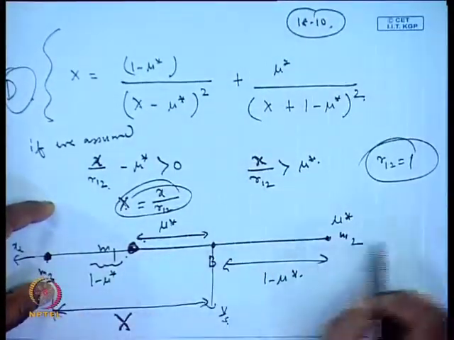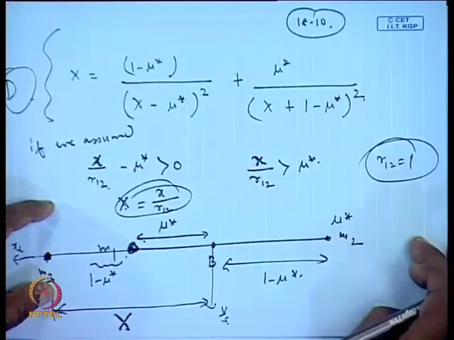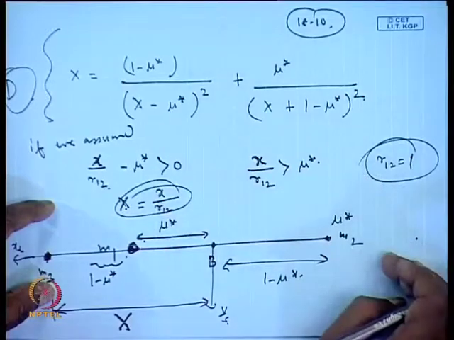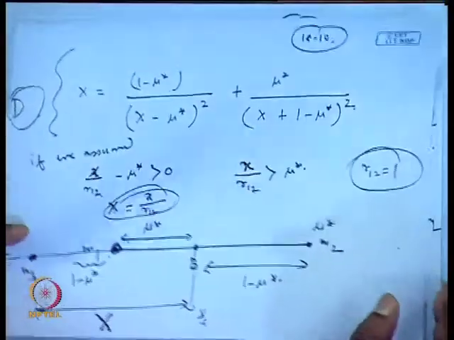If the point lies on the right hand side, on the right extreme, we get some other result. This will get modified. If it is lying in mid between, we get some other result.